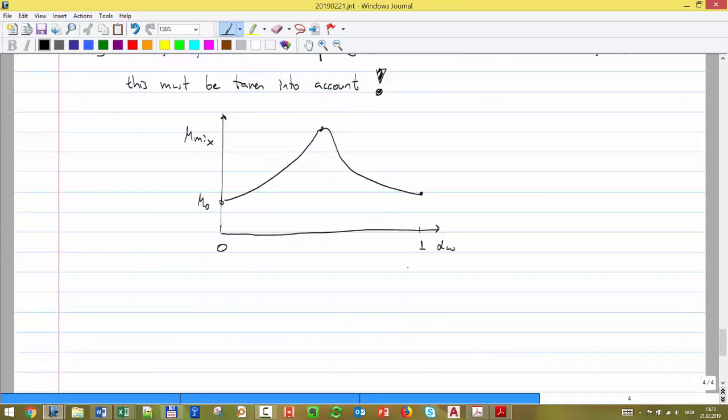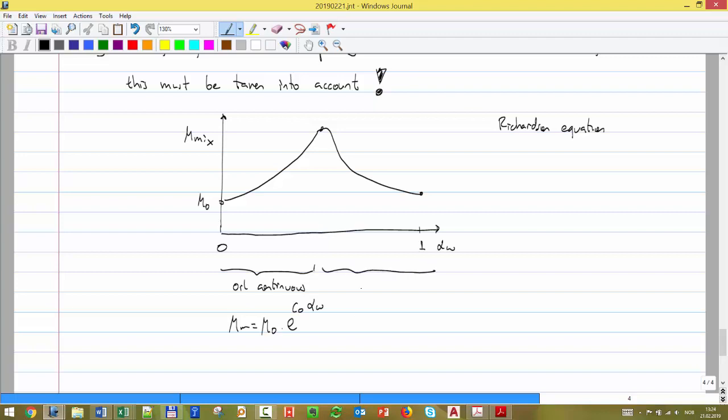So the way we're going to model this, there are different equations, but we're going to use the Richardson equation. Richardson said that the viscosity of the mixture for the oil continuous region will be the viscosity of oil times an exponential of a constant times the fraction of the dispersed phase, in that case water.